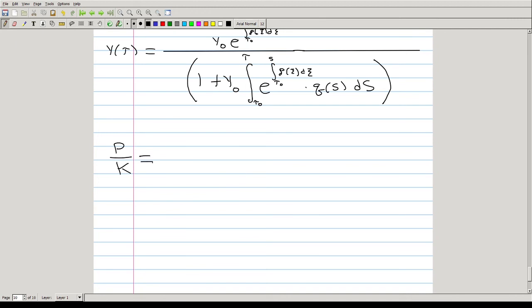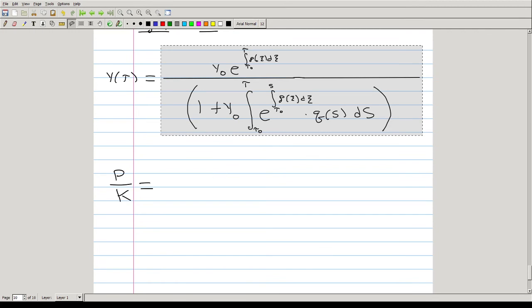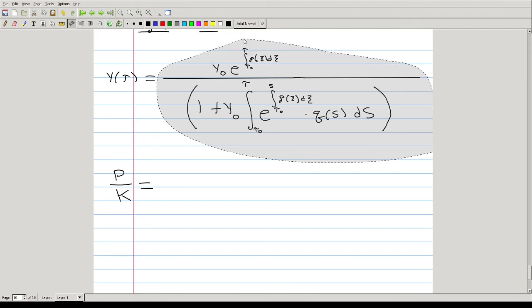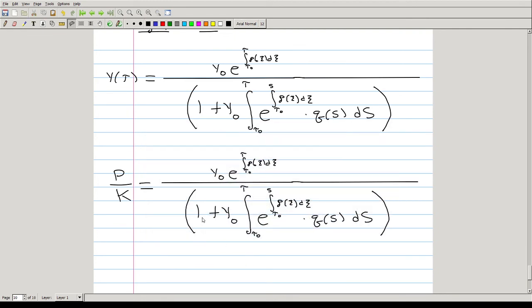And so this is much a process of just going through and using what we know about how we've scaled and solved for y naught, as well as this p and q function. So y naught is p naught over k.